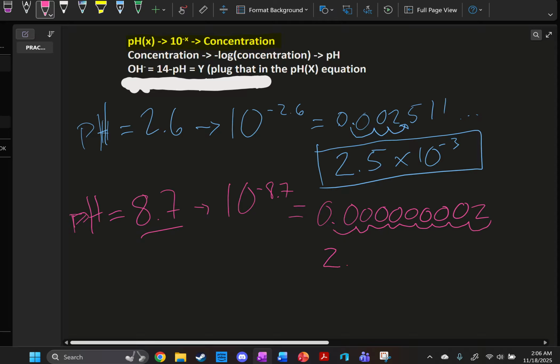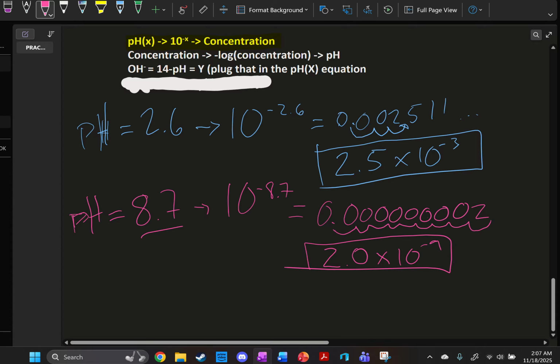So that would be 2.0 times 10, and I'm so sorry, it's 2 a.m., to the negative 9. That is the concentration.